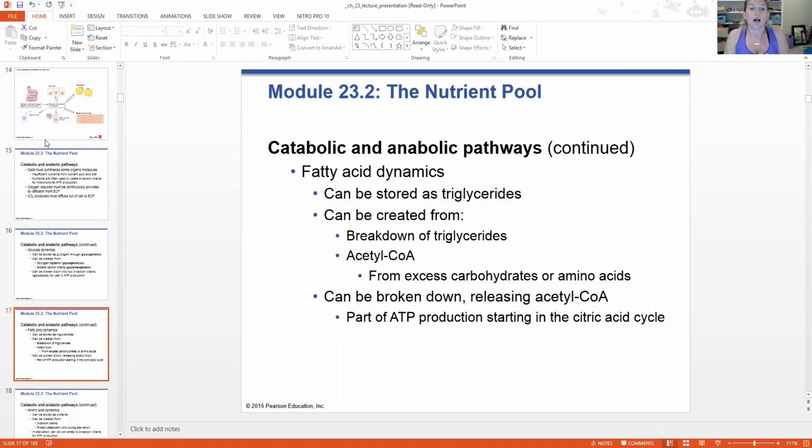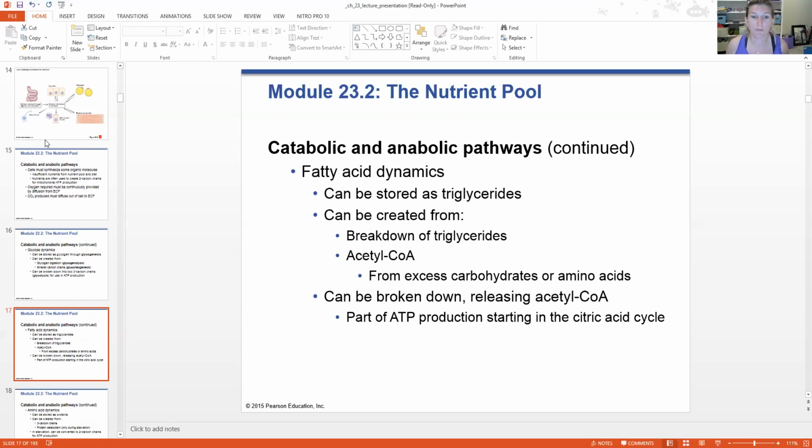So fatty acids can be stored as triglycerides. They can also be broken down, or they can be created from the breakdown of triglycerides. So just like glycogen can be broken down to release glucose, triglycerides can be broken down to release fatty acids, and acetyl-CoA can form fatty acids as well.